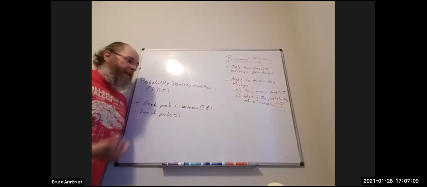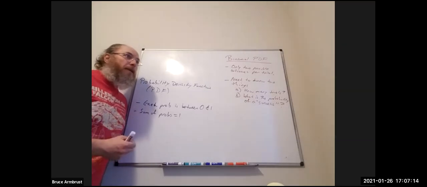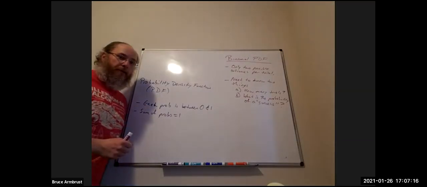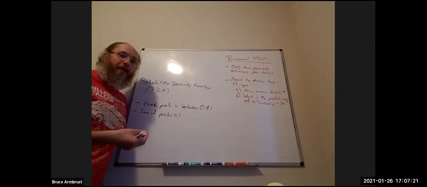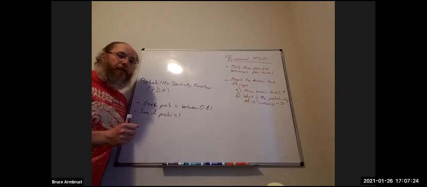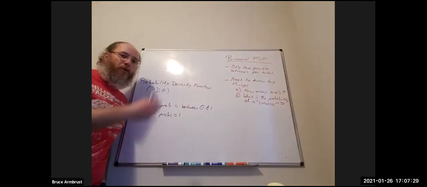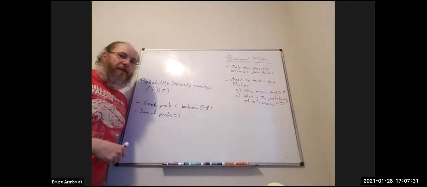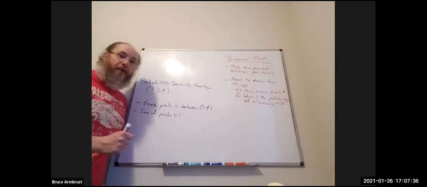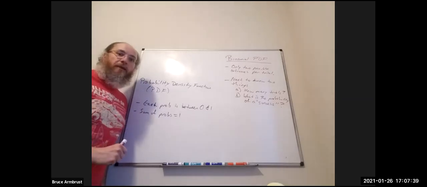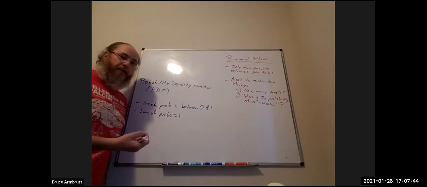Let's say I'm tossing a coin, and I say that a success is if I get a head. Then my probability of success, the probability of getting a head, is 1/2. Let's say we're rolling a die. If I say that a success is rolling a 6 and a failure is anything else, then the probability of success is 1 out of 6.